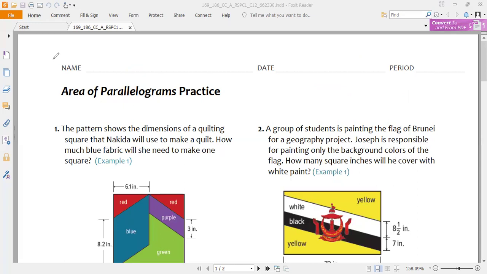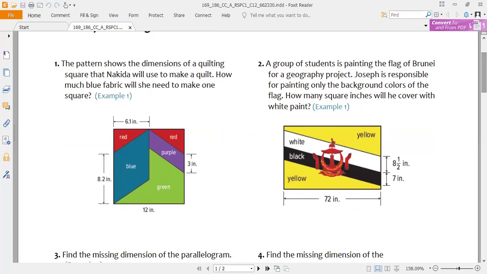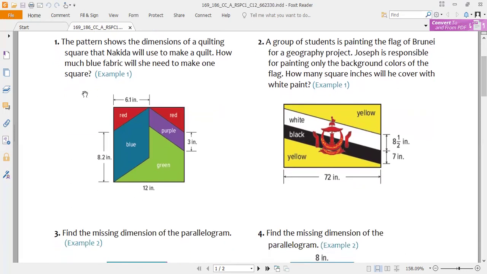Question number 1 is: the pattern shows the dimensions of a quilt square that Nakida will use to make a quilt. How much blue fabric will she need to make one square? This figure actually looks like a square, but we just need to find how much blue fabric, that is, the area of the blue fabric only.